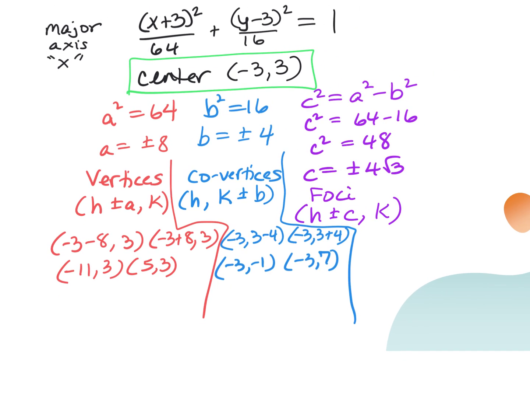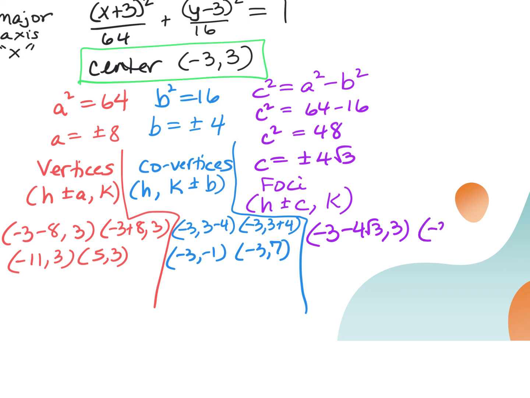And then my foci, -3 minus 4 root 3, comma 3, and -3 plus 4 root 3, comma 3. And I just leave them like that because I can't add radicals unless they're like radicals. So those are your foci.